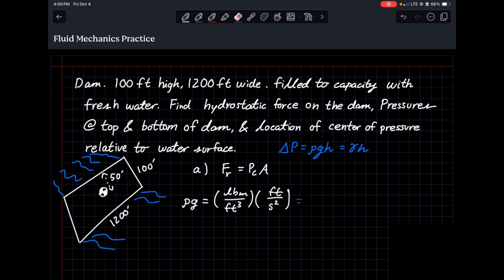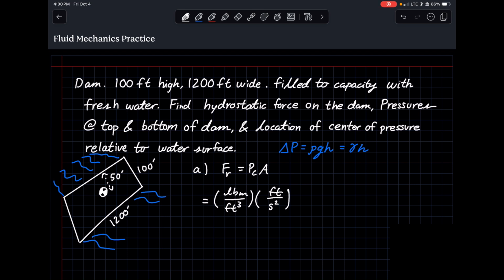What we can do, though, is we can use specific weight, which will be in pound force per cubic foot. But why would we even want that?